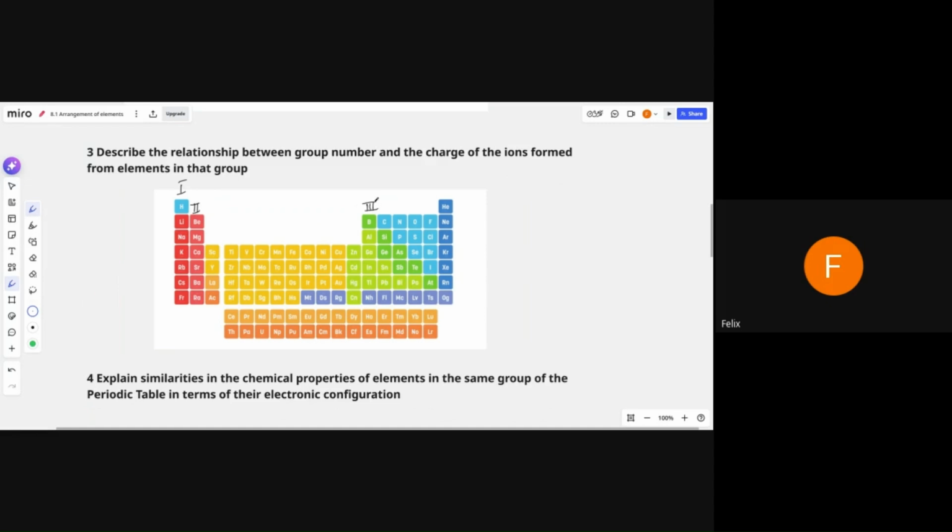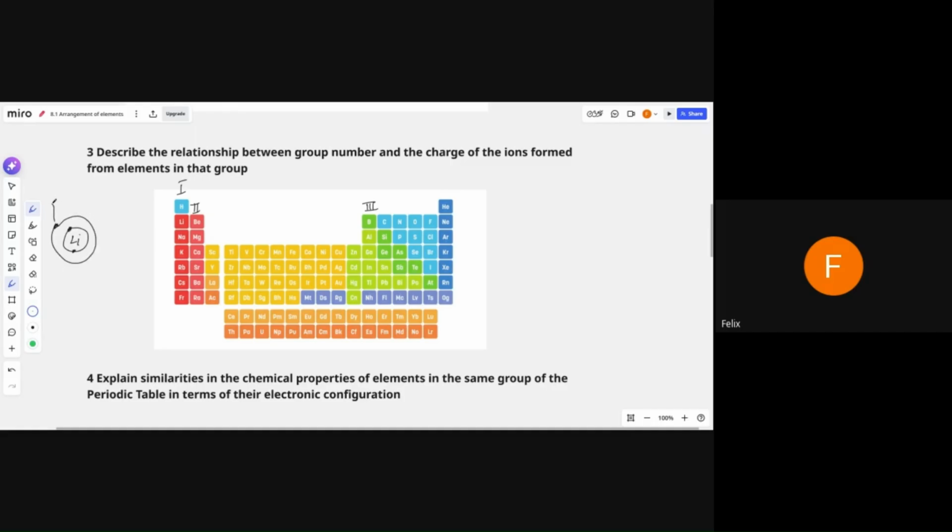They lose electrons so that they can have a complete outer shell. In group 1 we have only one outer electron, and when they lose that electron, they will have a complete outer shell. Lithium, for example, has 2 electrons in the first shell and 1 electron in the second.